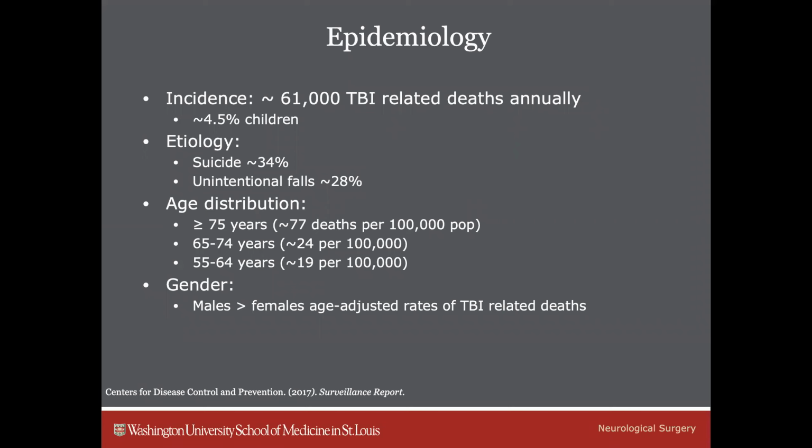Here, the most common etiology for TBI-related death is actually suicide, with about 35% of that population. And then again, older people are more likely to die from TBI compared to younger people, and males are more likely to die compared to females.